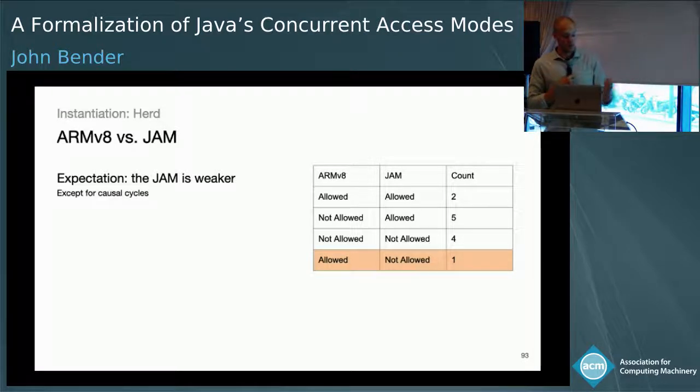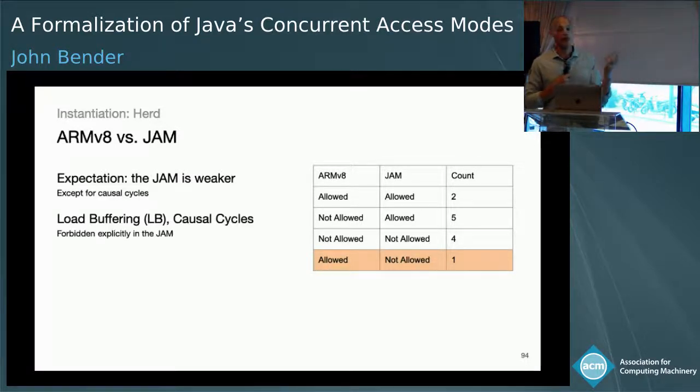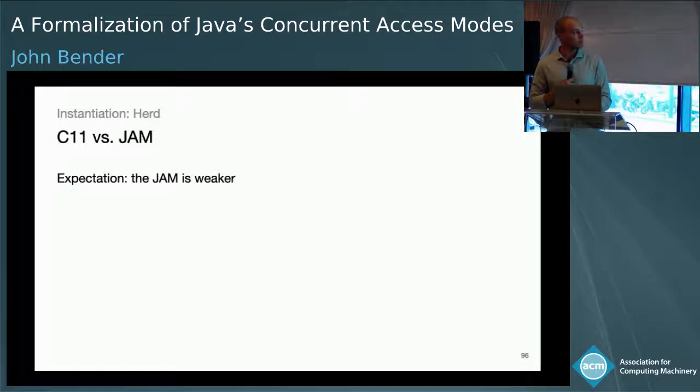It allows this specific behavior, but this is, in fact, the example that I showed you earlier. It's called the load buffering example. So this is the exception for causal cycle. That load buffering example is forbidden by acyclic causality. And the idea is that the specification is very clear that this should not be allowed. It spells it out very directly. And so as a consequence, it's okay that it's in this row.